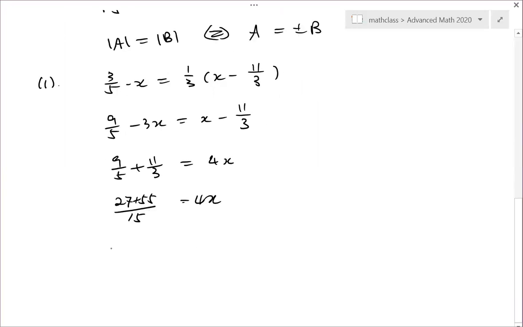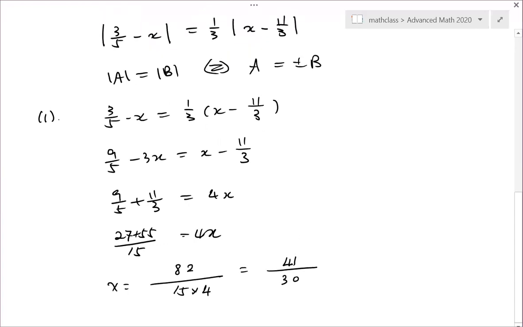So my answer is x equals 82 over 15 times 4, with 5 plus 7 being 12. 82 is an even number, so you can simplify a little: it's going to be 41 over 30.